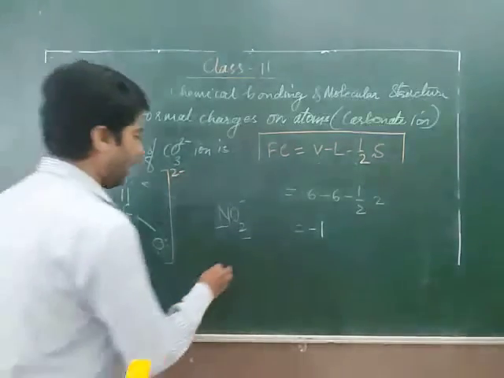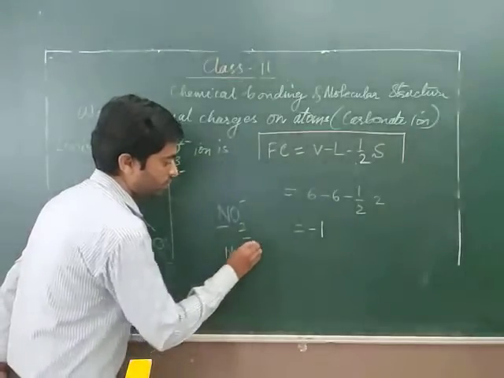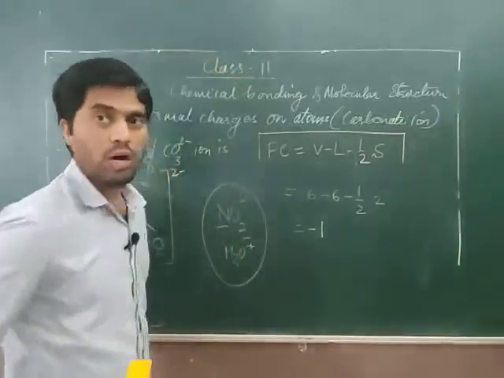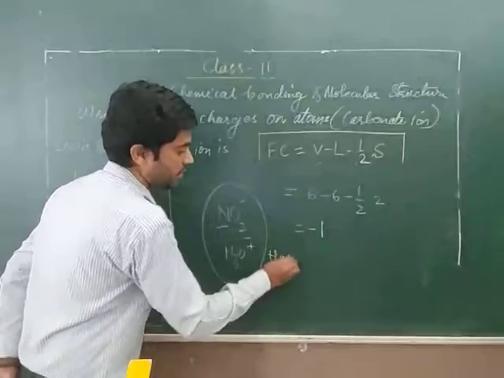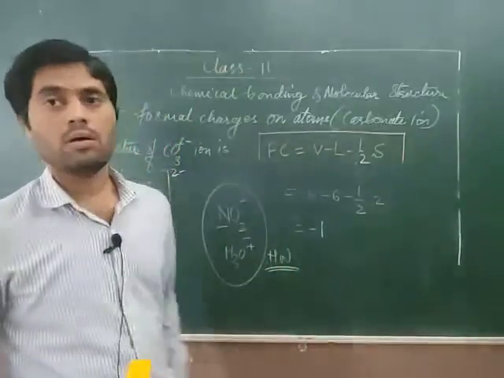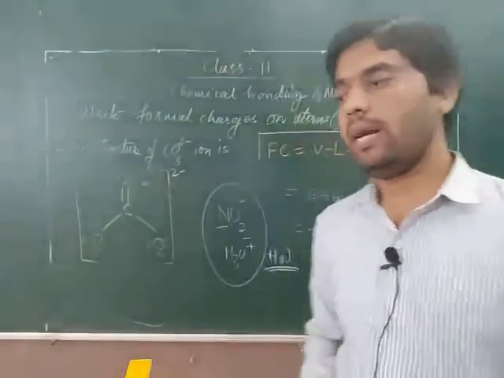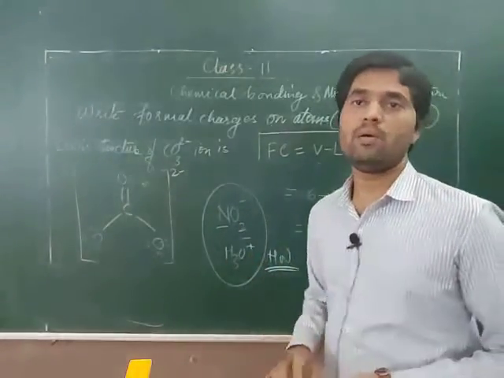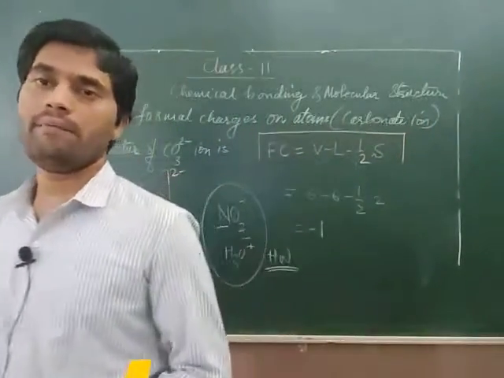You can also take the hydronium ion, H3O positive. These two are your homework. Complete your homework and WhatsApp it to me, and I will check it and give you remarks.